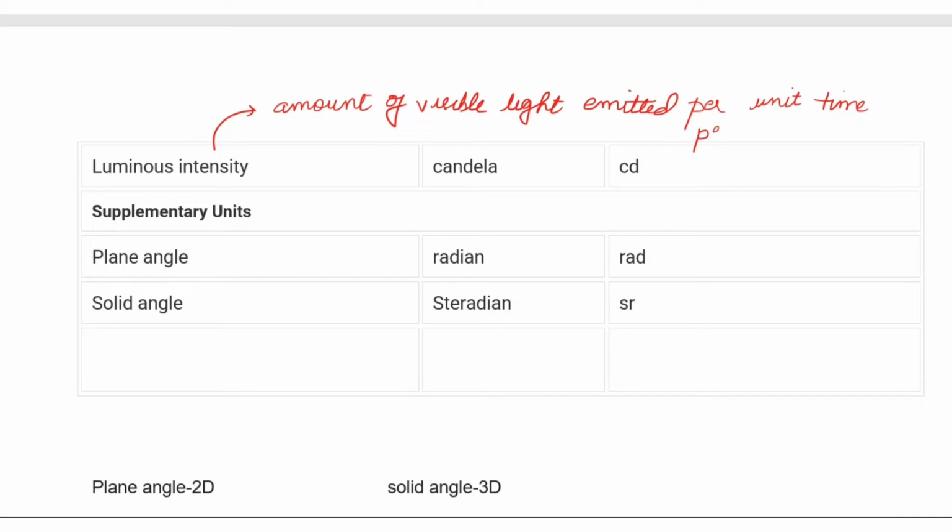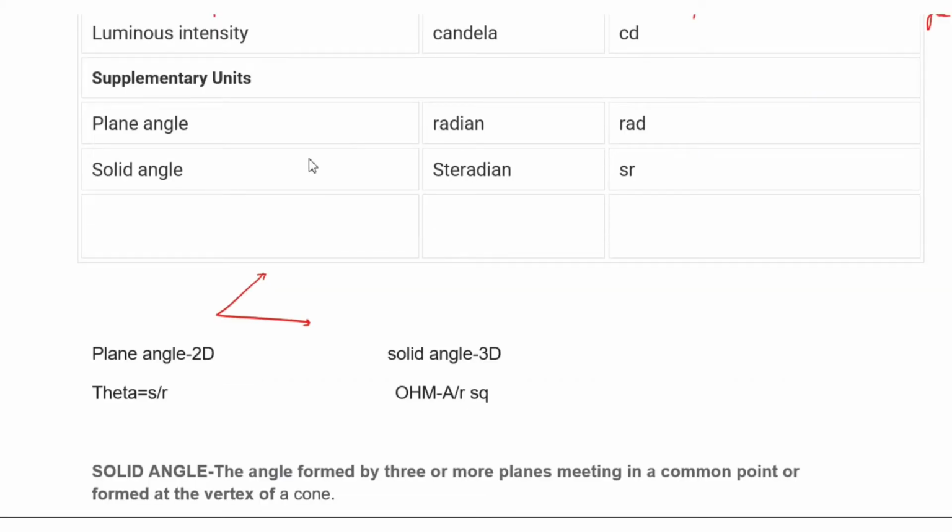Now let's have a look at the difference between plane angle and solid angle. The main difference is that we represent plane angle in 2D and solid angle in 3D. The normal angle that you use in maths, that is theta, is plane angle, which we represent on 2D paper, right? Theta can be expressed as S by R, where S is the arc length and R is the radius.